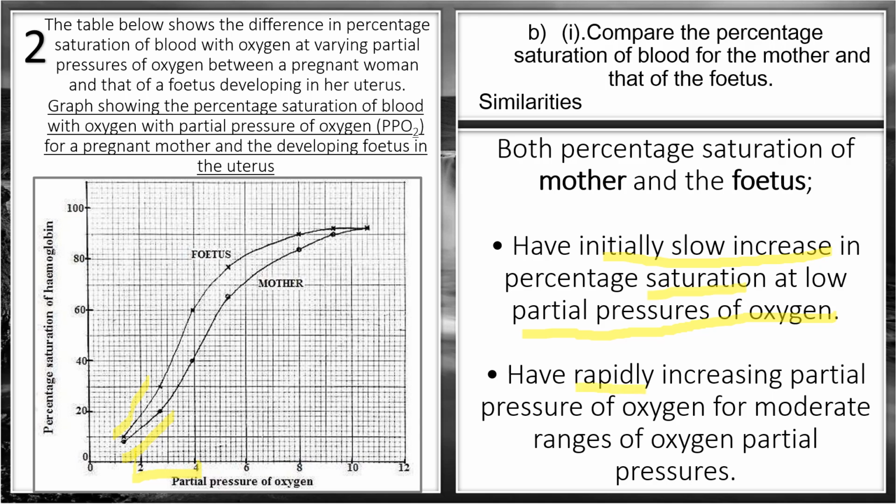And they have a rapid increase for the moderate range of oxygen partial pressure. If you look at this point here, it is increasing rapidly for the mother, and also for the fetus, it is increasing rapidly at the moderate range of oxygen partial pressure.